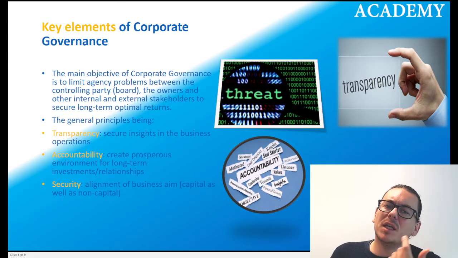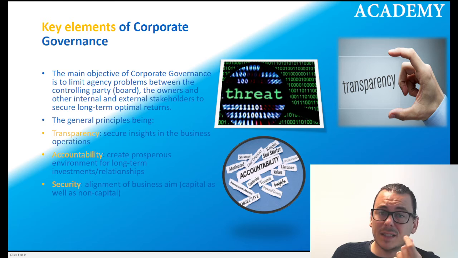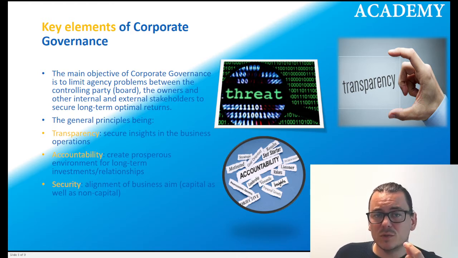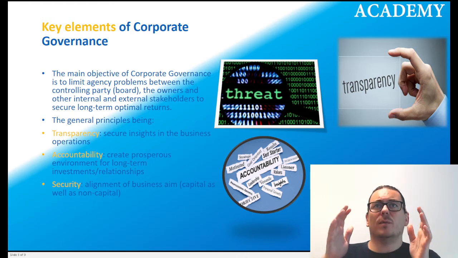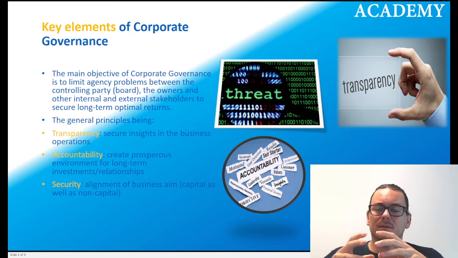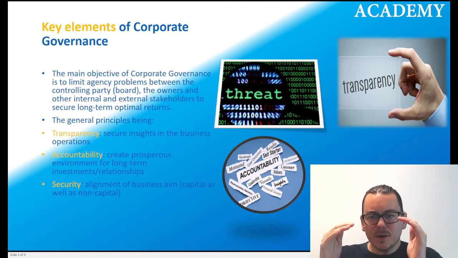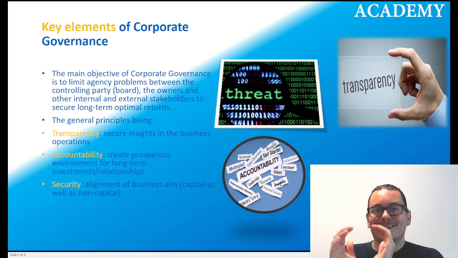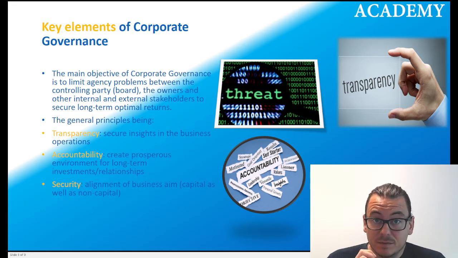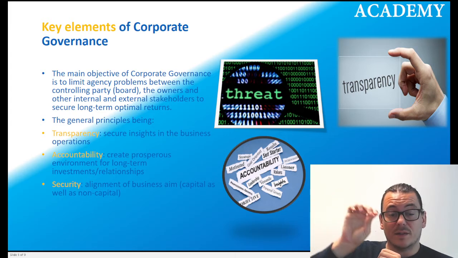Furthermore, if we look at some of the key principles of corporate governance, these key principles are transparency, accountability, and security. All three principles are relevant because the main objective of corporate governance is to limit agency problems, asymmetrical information, or any other cost that might come from having a distance between the company and the stakeholders, or not just a distance, but it might just be a lack of information flow between the stakeholders and the company.